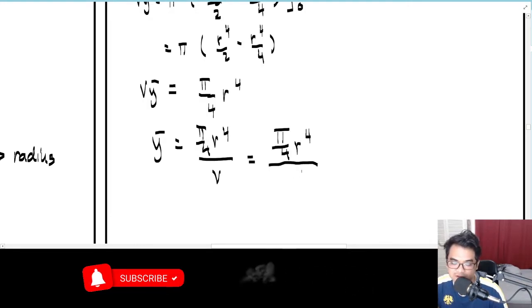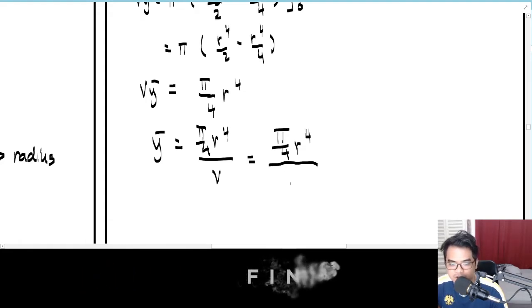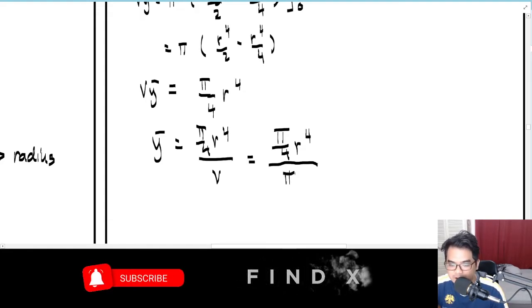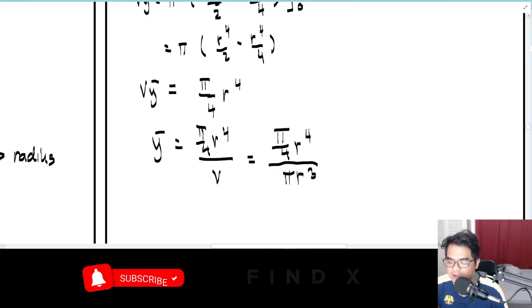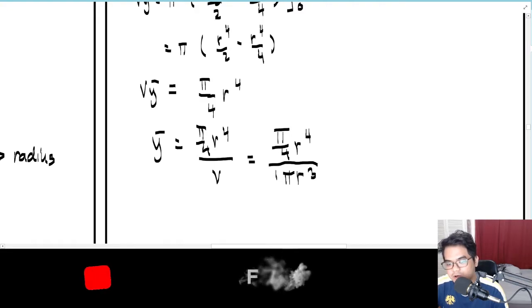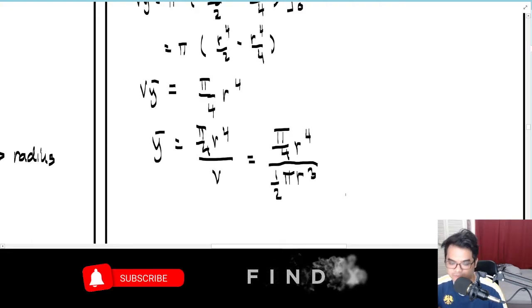Now since that is a hemisphere, the volume of a sphere is 4/3 pi r cubed. But since that is a hemisphere, half of the sphere, you have here 1/2.